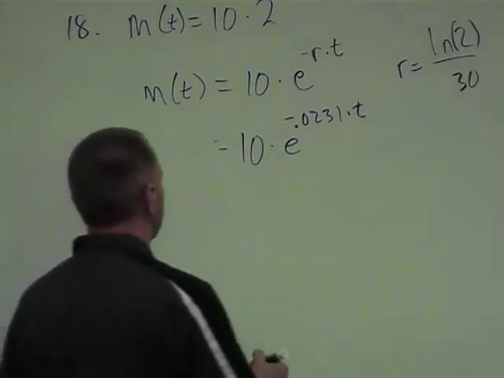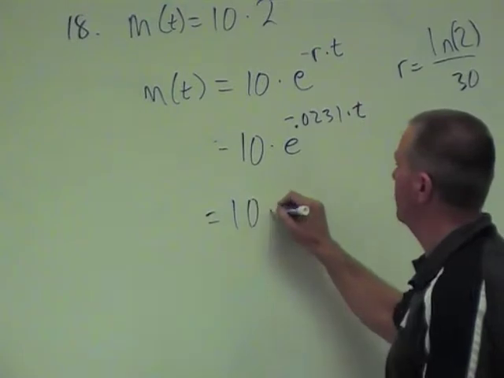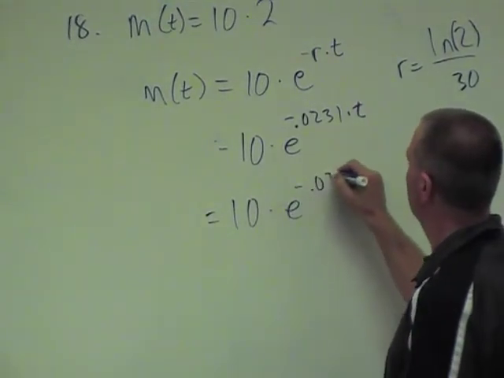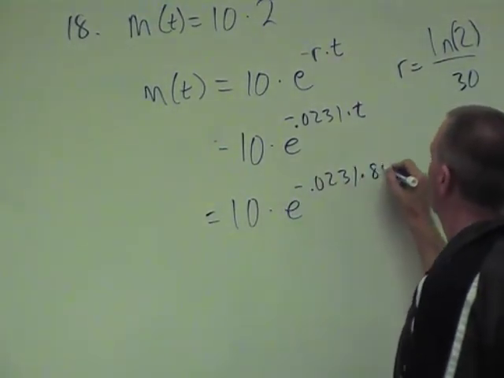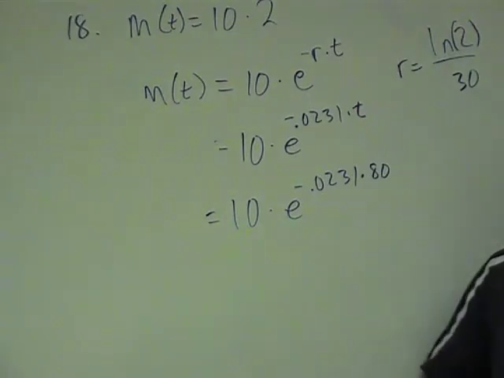So t is 80 in this case. So on your calculators, you've got to do this right now. Again, it's just filling in the information, but obviously if you don't understand what a half-life is versus the time, then we're in trouble. Everybody calculate this, please.